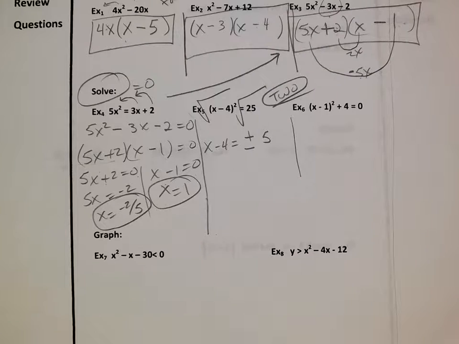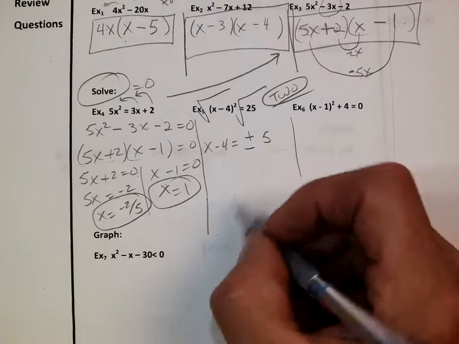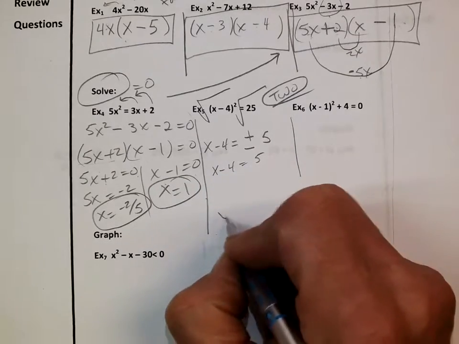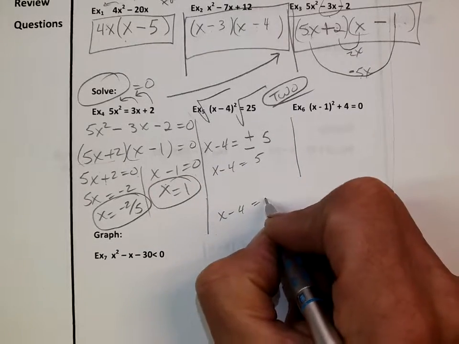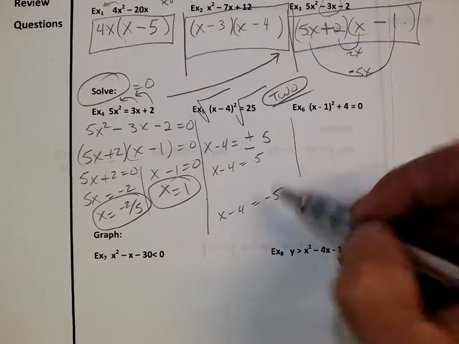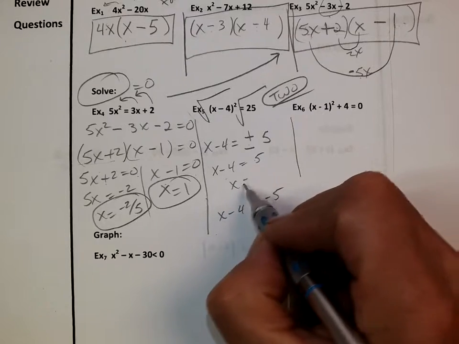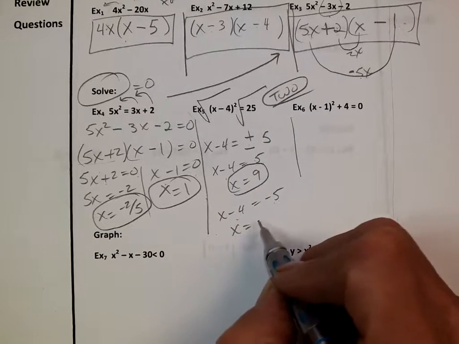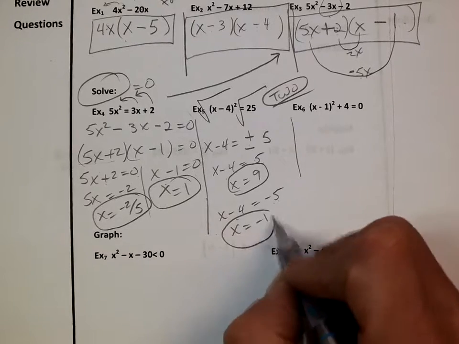Now to get 2 answers, I'm going to have to break this up into 2 little mini equations. I'm going to rewrite it as an x minus 4 equals 5, and I'll put an x minus 4 equals a negative 5, right? Here's my plus 5, my minus. Plus 4, one answer is 9. Plus 4, the other answer is negative 1.